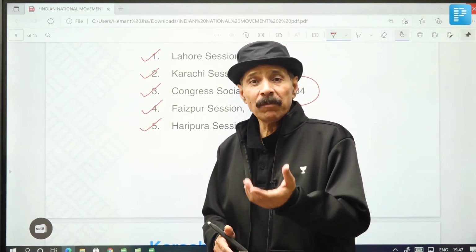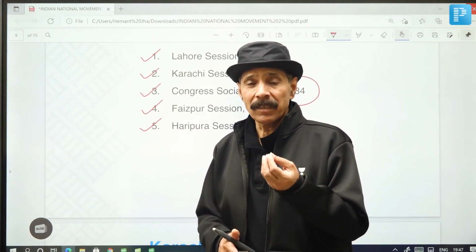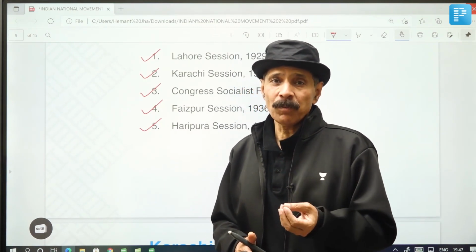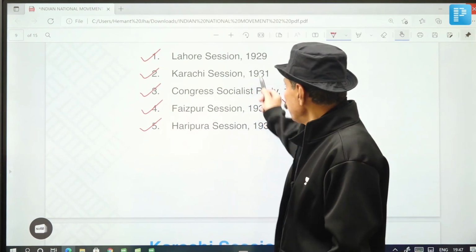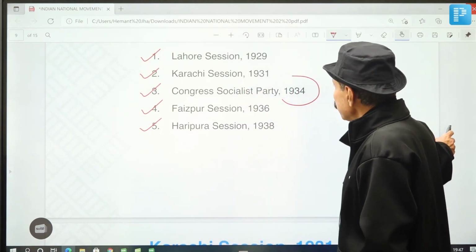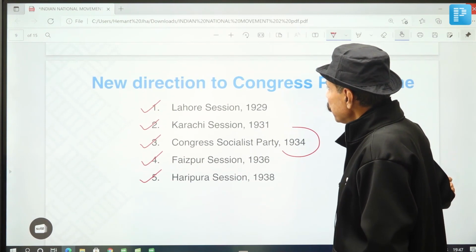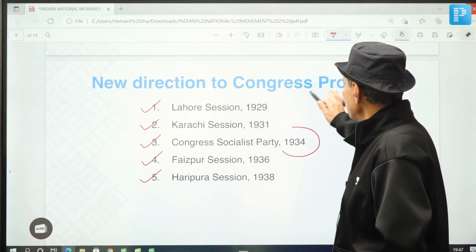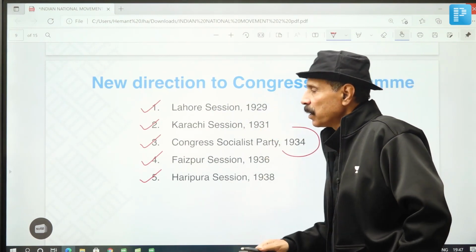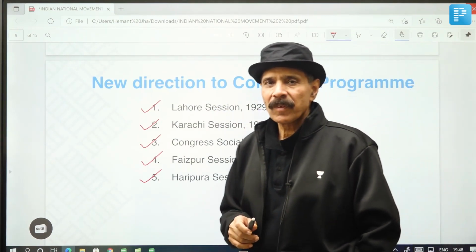And socialists believed in planning as an important instrument for economic change. So these are some important points that suggest new direction to Congress program given by the socialist.